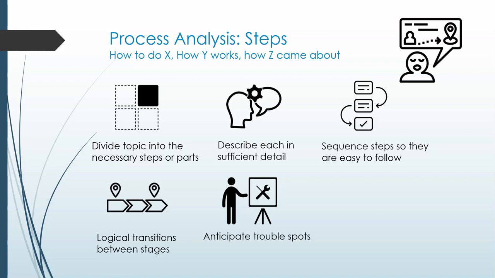Back in Chapter 3, I had a directional process analysis which explained how to write a pie paragraph. If you look back at it, you can see that I used these tips. How to write a paragraph was divided into 3 steps: writing the point, writing the information, and writing the explanation. And they were organized in a way that made sense, in this case, from the beginning of the paragraph to the end.